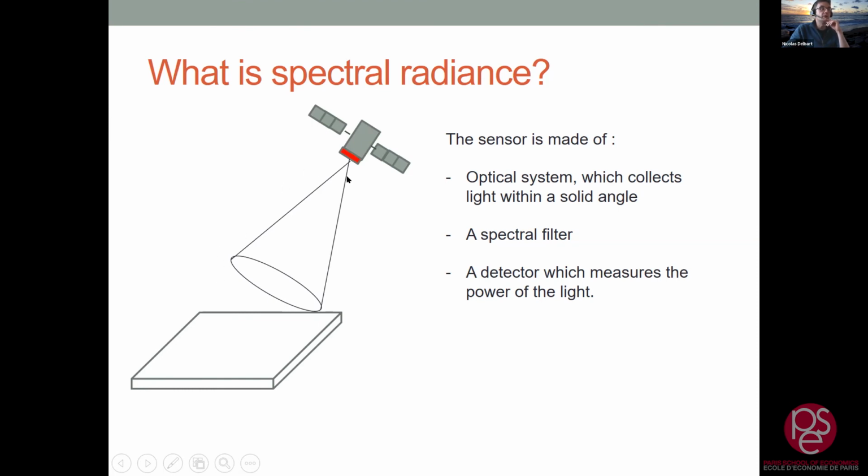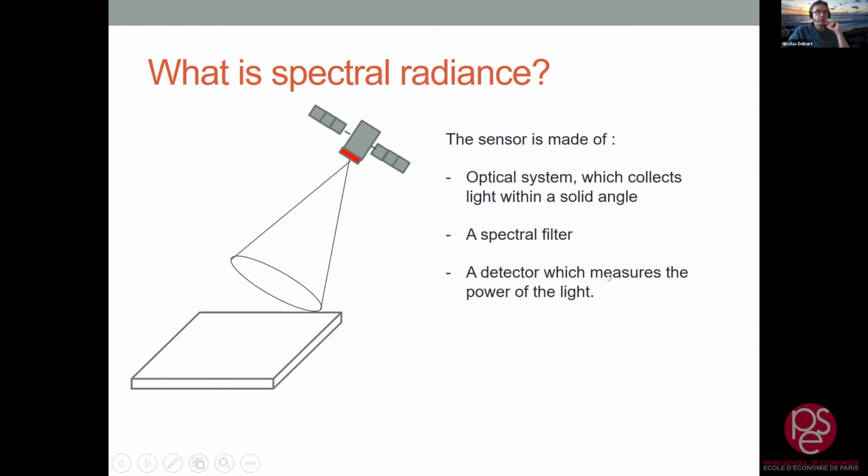It is also made of a spectral filter. The purpose of the spectral filter is to let through the light whose wavelength belongs to a certain range, in order to define the size of the bandwidth of the spectral band. And it is made also of a detector that measures the power of the light.